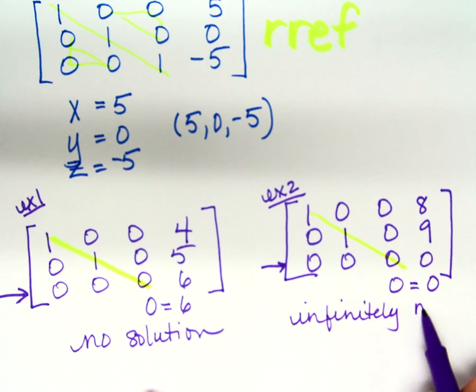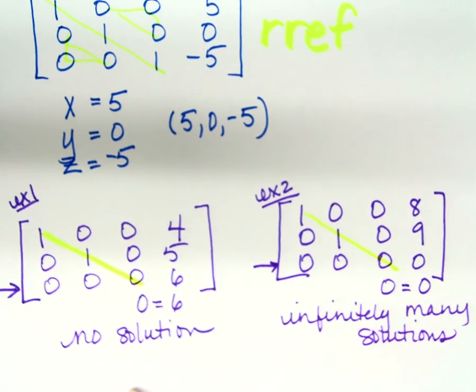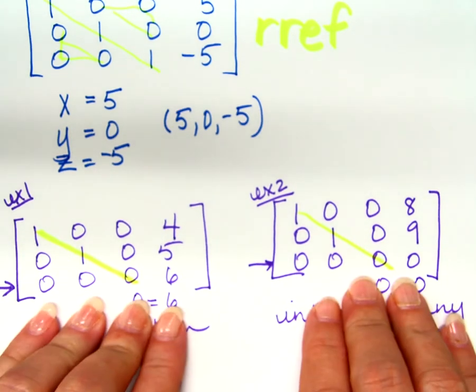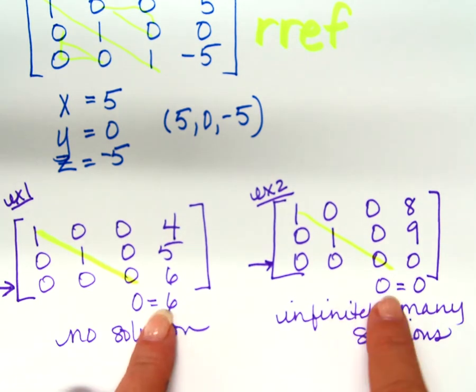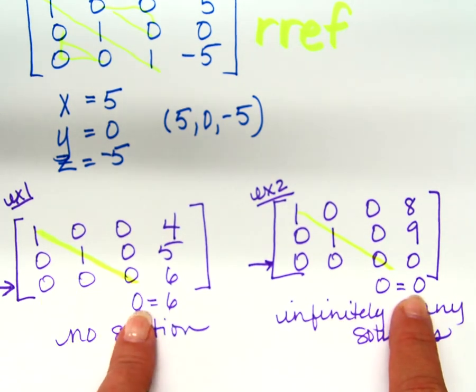Infinitely many solutions. It's the last row. Look at the last row. Convert it back into an equation. 0x plus 0y plus 0z, that's just 0, equals 6.